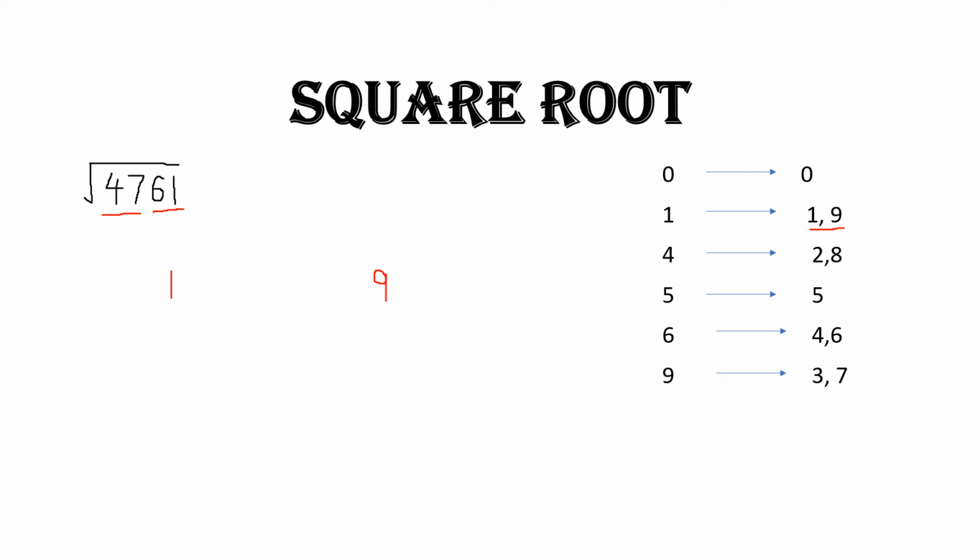If you take the square of 6, you have the answer 36. And if you take the square of 7, you have the answer 49. So you have to choose the lesser number, that is 6. So either the number is 61 or the number is 69.